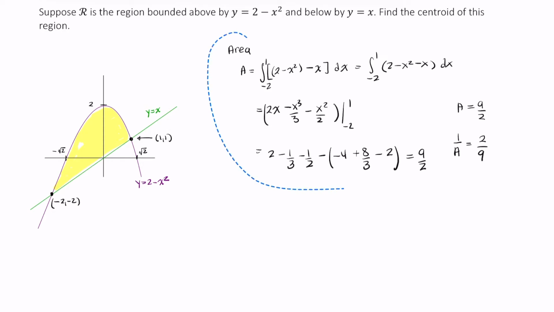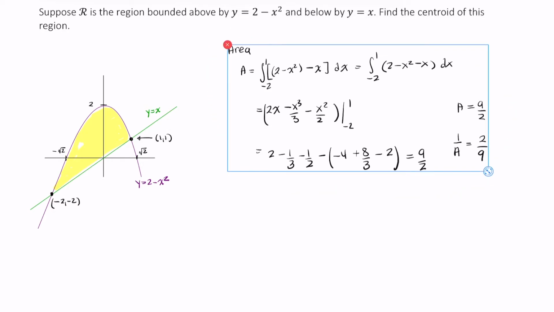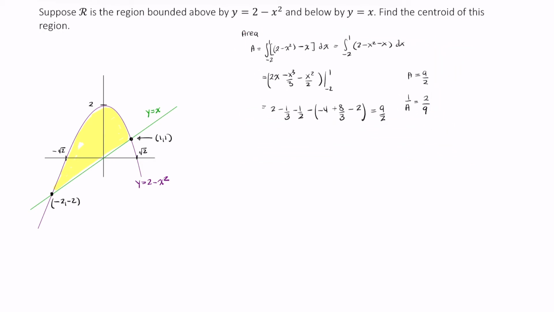So I'm going to shrink this down now and make some space. So let's go ahead and find x bar. That's equal to 1 over A times the integral from a to b of x times f of x minus g of x dx. In this case, this is our f, this is our g. 1 over A is right here, a is here, b is here.